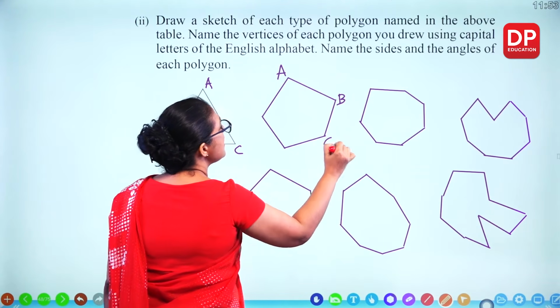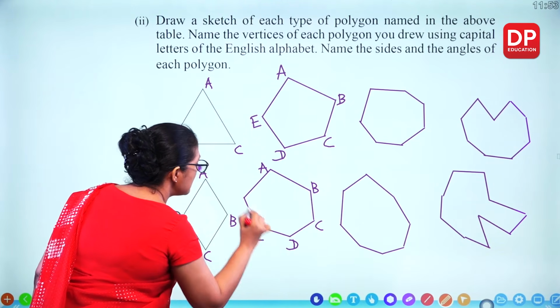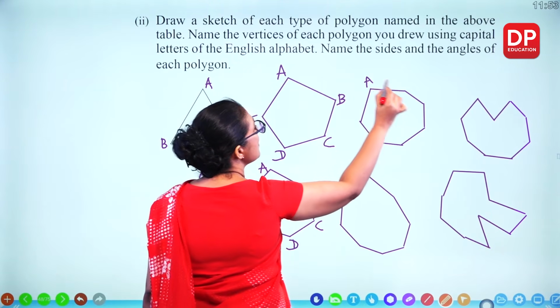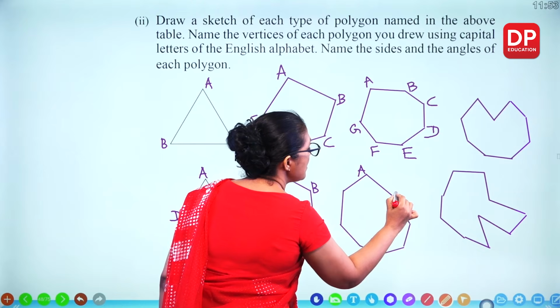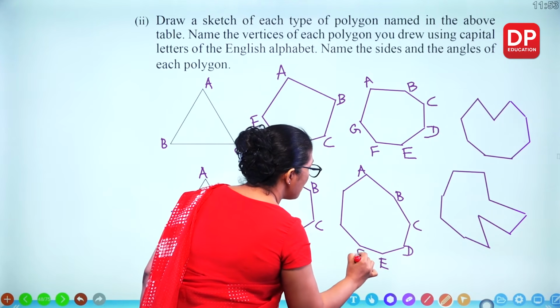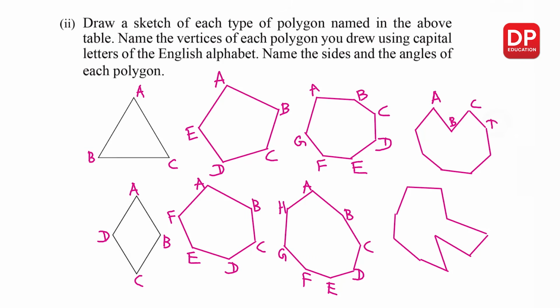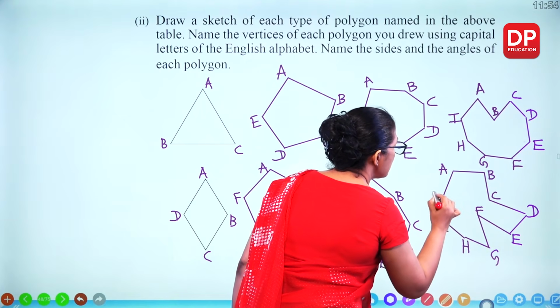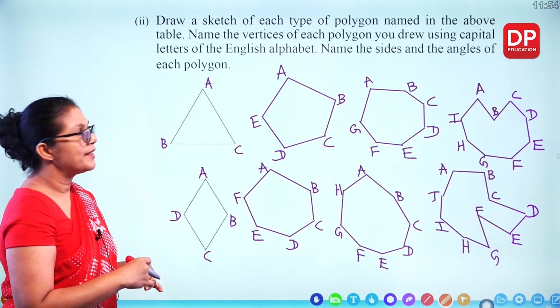A, B, C, D, E. A, B, C, D, E, F. A, B, C, D, E, F, G. Here A to H. A to I. Here A to J. So those are 1, 3 to 10. All are polygons.